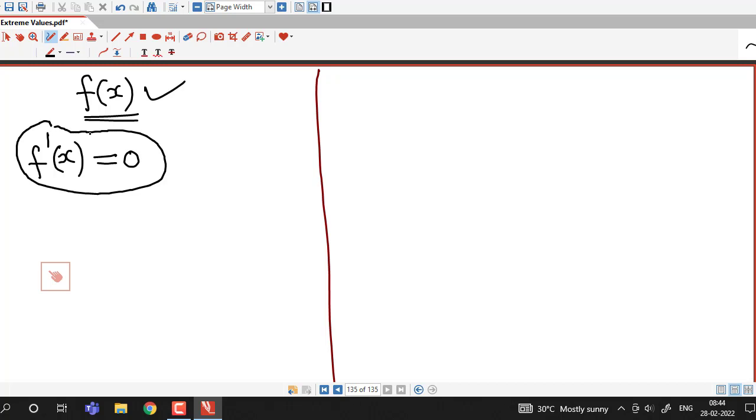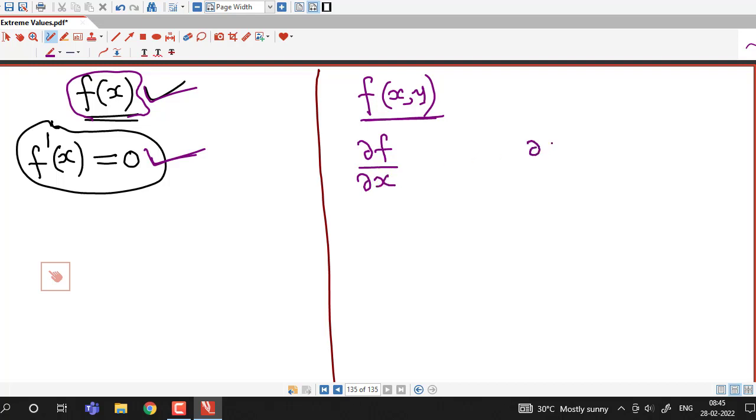Solution of this equation will give us the points at which function is either local maximum or local minimum, and same result we have for functions of two variables and three variables also. We are writing for functions of two variables. So as in this case here we find out the points at which function will have either maximum or minimum by solving this equation f dash x equal to 0. Now for functions of two variables we are having two first order partial derivatives, del f by del x and del f by del y.